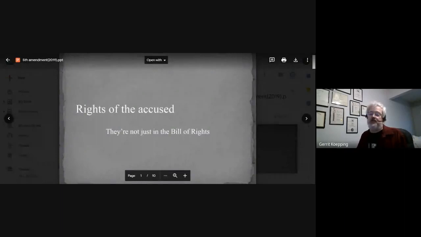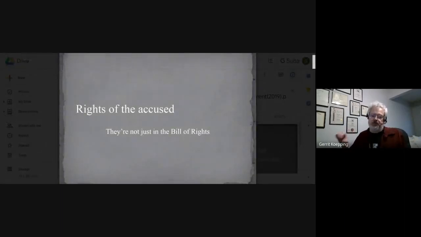So again, the rights of the accused. We should understand that the founders and the framers were sensitive to the idea that those accused of crime are often persecuted. Certainly if you look at the founders during the revolution, Britain would use criminal statutes as basically a way of attempting to intimidate or silence political dissidents, something that we've seen done in lots of other countries, including this one.